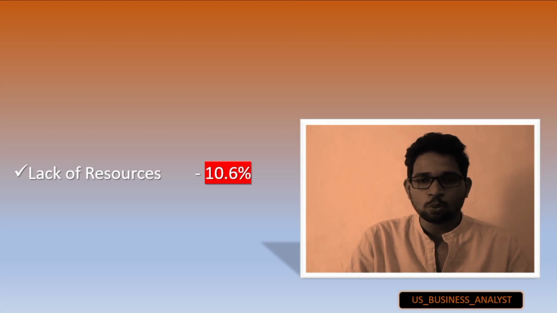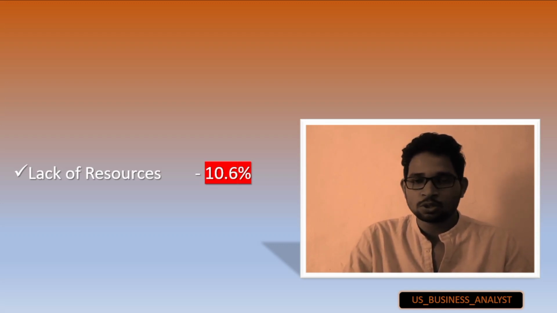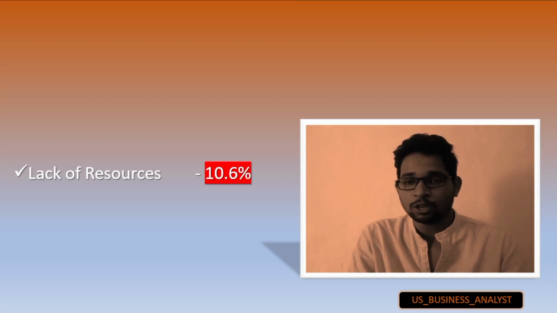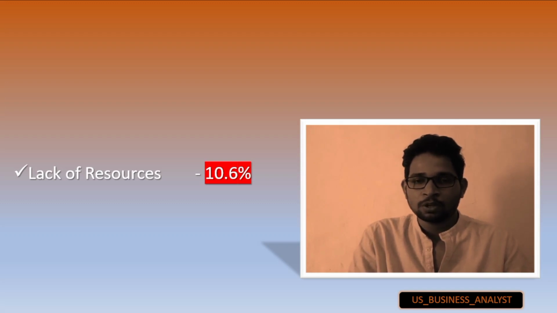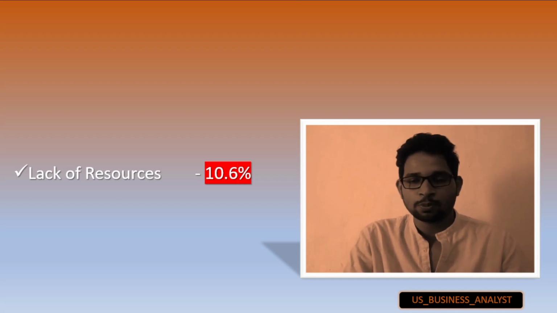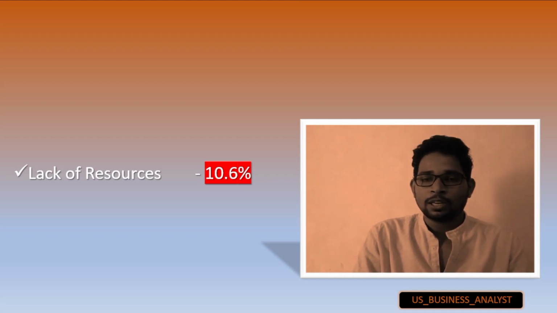Based on those, how many resources should we have, or within the resources we have, how can we make things more predictable? By following this process, we can easily tackle this 10.6 percent from the lack of resources, and help contribute towards project success.